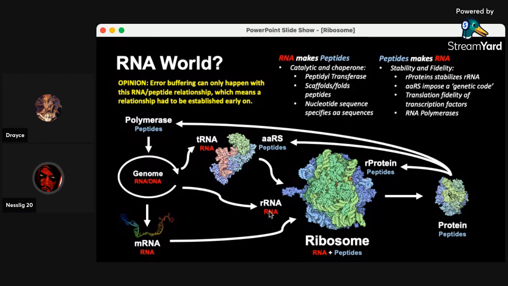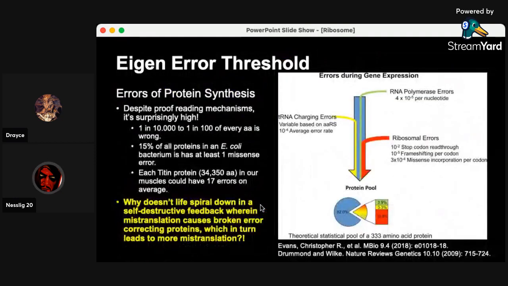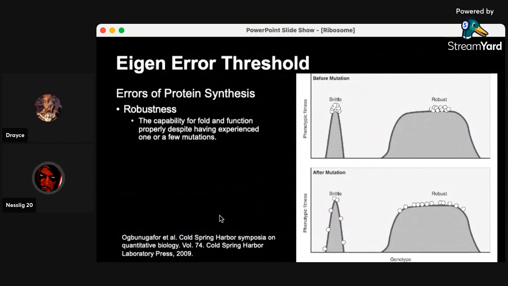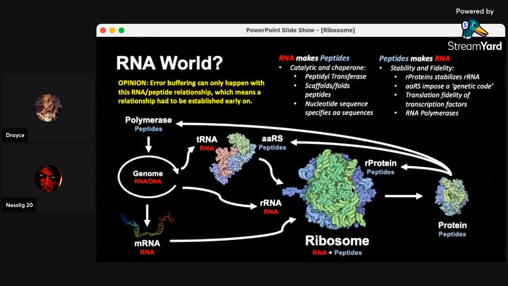Maybe there is a possibility, but I would say that if you have a cooperation between RNA and peptides, then you can have this error buffering going on, which prevents this collapse, basically, where you have this positive feedback. With the presence of these error buffering mechanisms, this collapse is prevented, in my opinion.